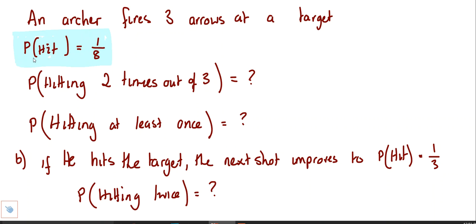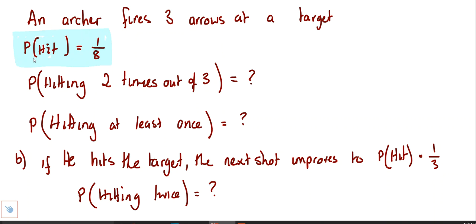Therefore, if he hits the target the first time, theoretically, for the next 7 goes he's not going to hit it. But there is a problem with that, isn't there? Because every time he fires the arrow, the probability doesn't change. So if we were to say it's got to be 1 every 8, then if he hits the first one, the probability of him hitting the second one would be 0. That's why you can't say he has to have 8 arrows there.